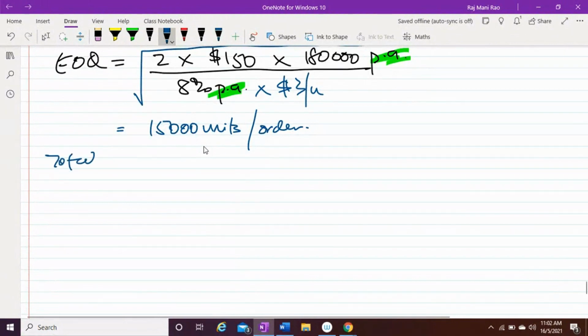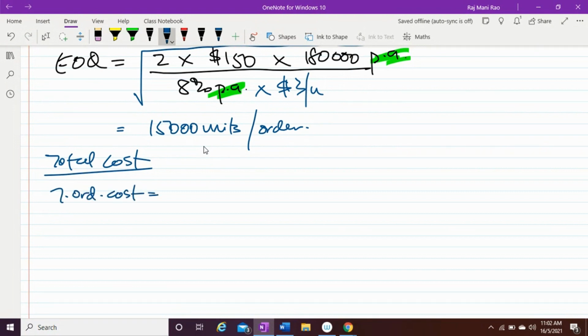So what is the total cost? What will be a total cost based on 15,000 units per order? Total ordering cost will be what? Number of orders times cost per order. What will be a number of orders? How many orders are you going to make for one?